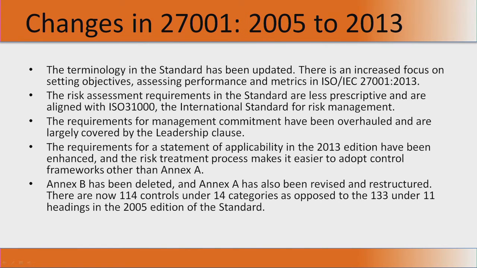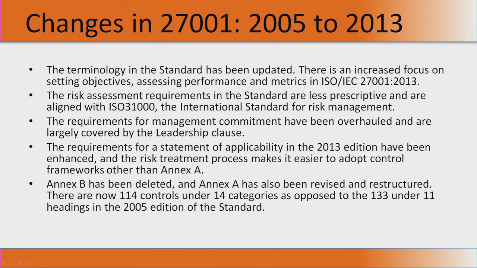The terminology in the standard has also been updated. There were certain definitions given for certain terminologies which have been updated to meet, again, the current scenario. And now there is an increased focus on setting objectives, assessing the performance and metrics in the 2013 edition.